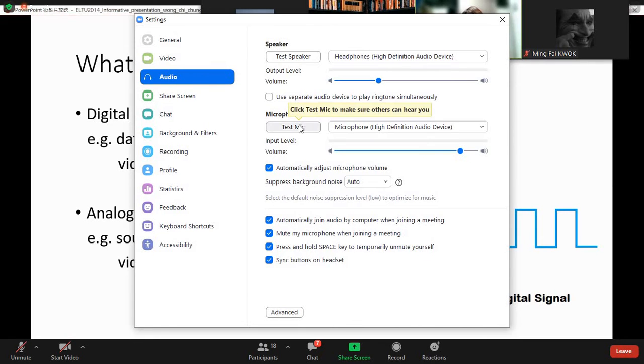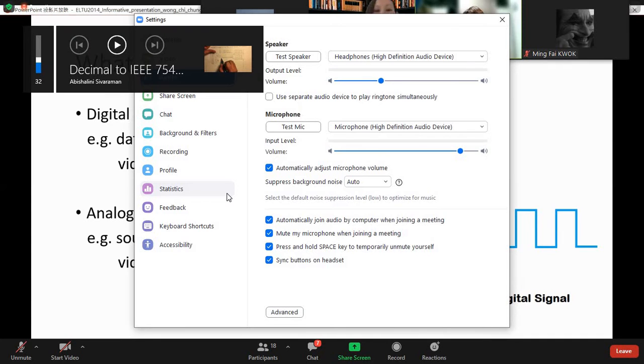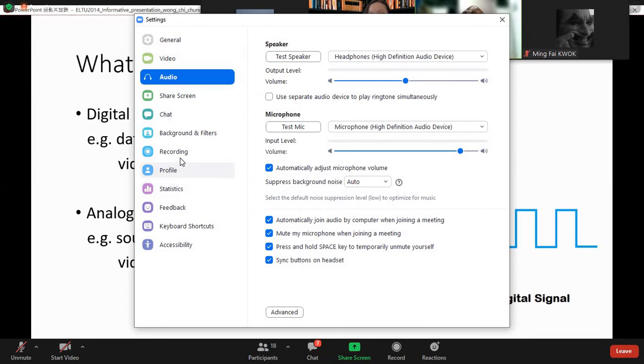The digital signal is divided into the discrete values 0 and 1, for example the data stored in smartphones and computers. The analog signal has continuous quantity, such as my voice, this PowerPoint slide, or even the temperature of your room.